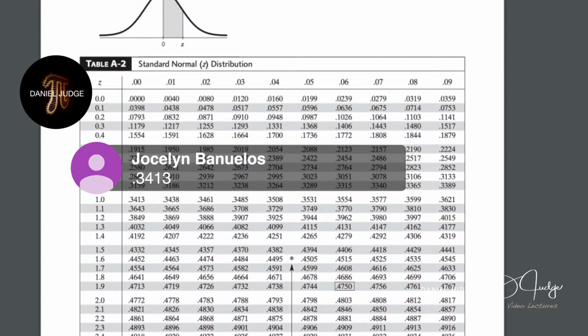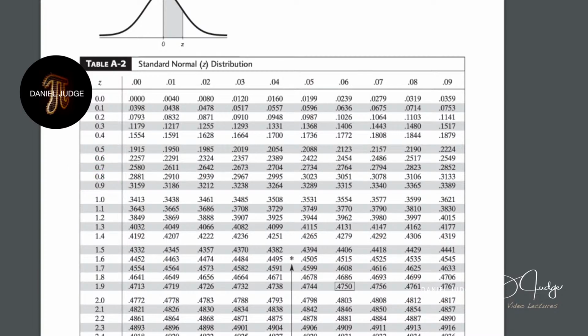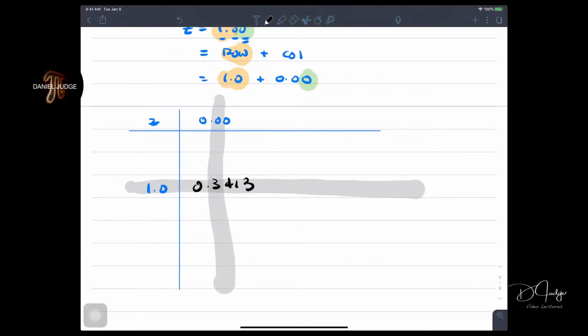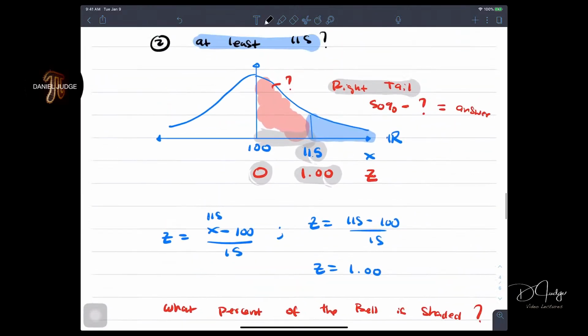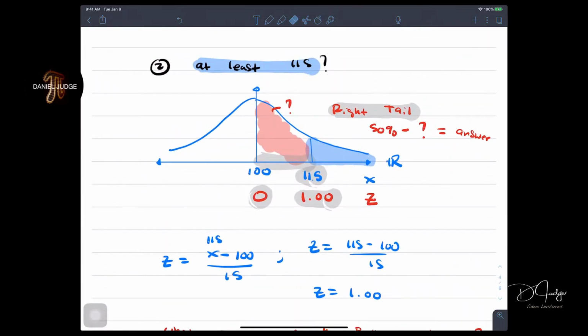Jocelyn gave the probability version. We know the difference. Let's go back to the iPad. And you say, does that mean what's missing right here is 34.13%? And the answer is correct.